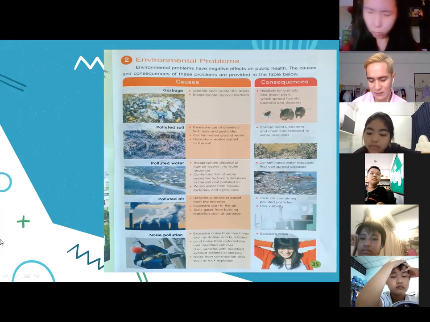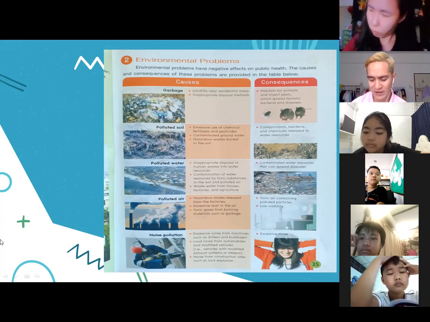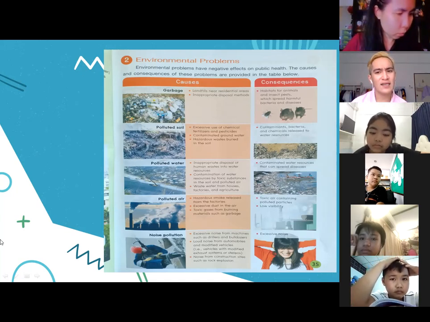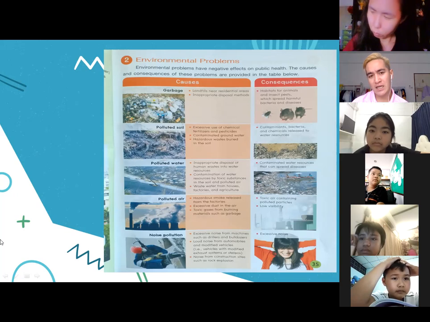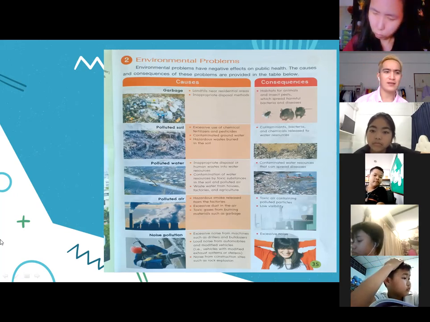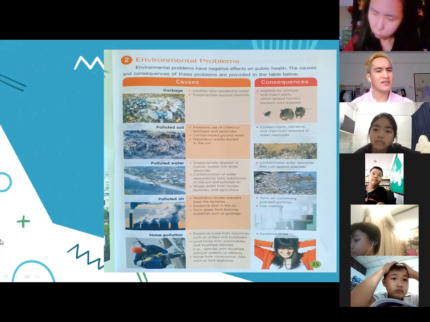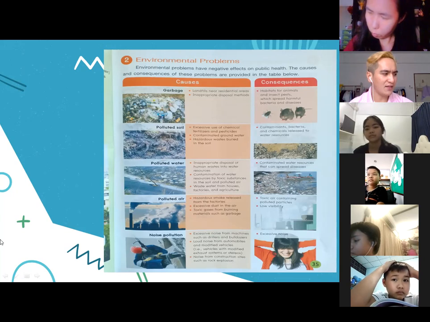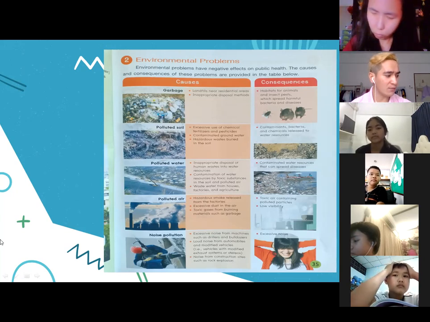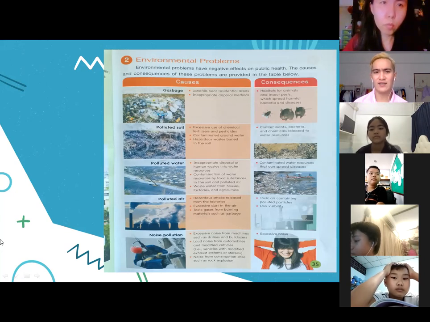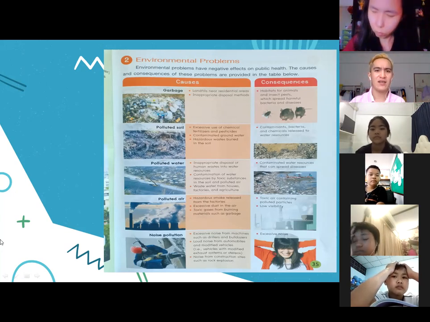I think hazardous waste buried in the soil comes from being lazy when we are throwing things. When you think you're not using it anymore, even if it's hazardous, you just throw it in your trash can, you just throw it anywhere you want.